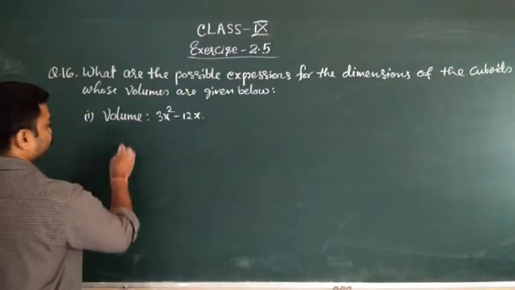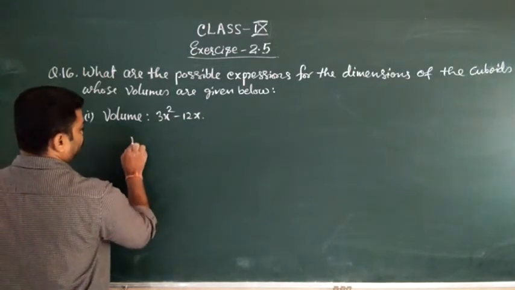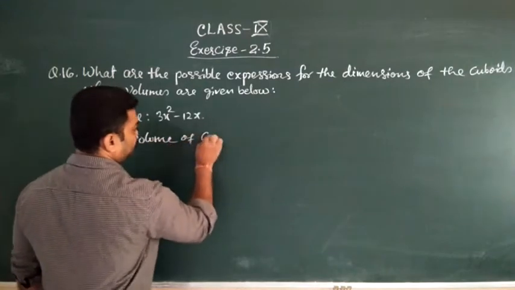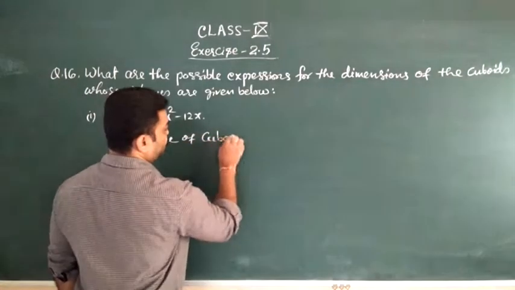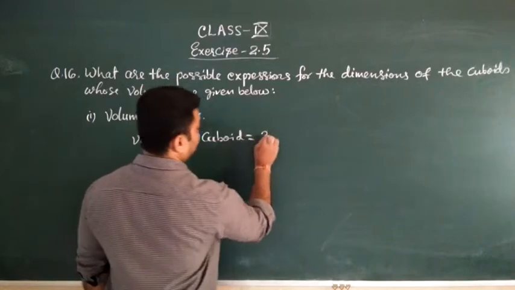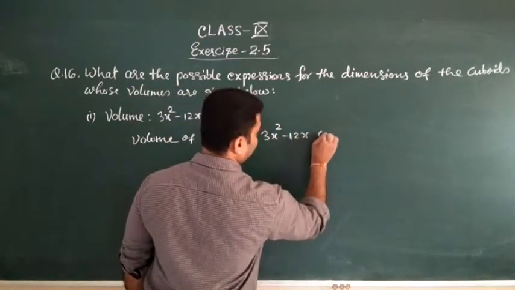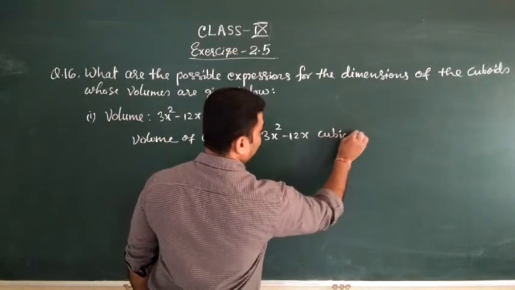So we will write here, volume of cuboid is equal to 3x square minus 12x cubic units.